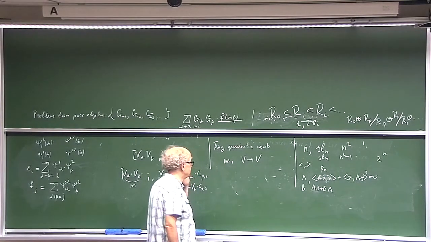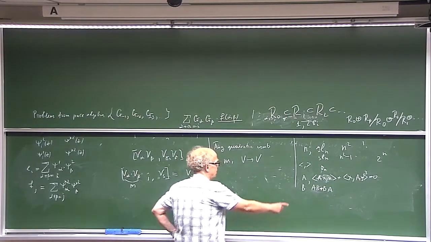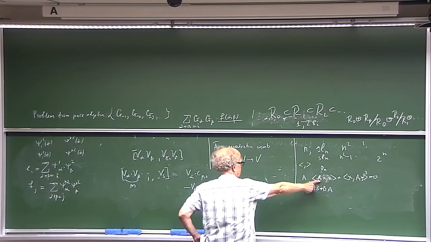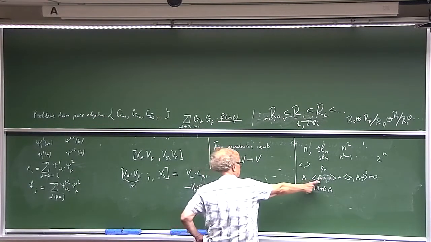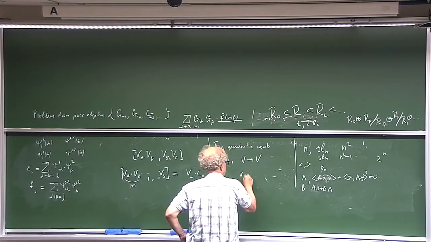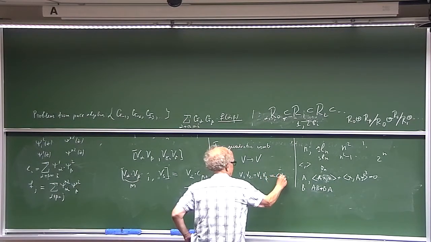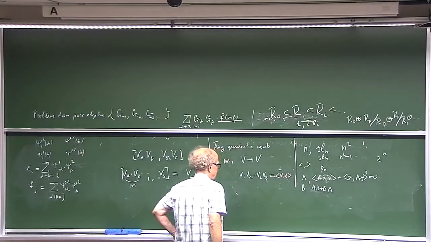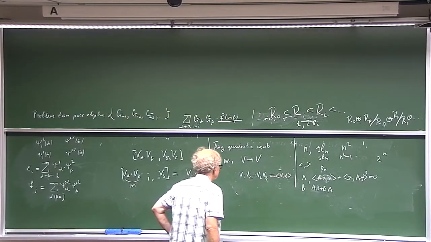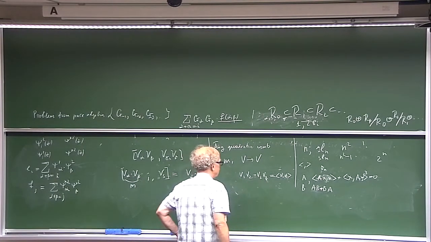Let us check this. How? I take two vectors from here, v1, v2, and v2, v1 gives some number. Let us write it like this. Then I can use the Leibniz rule.